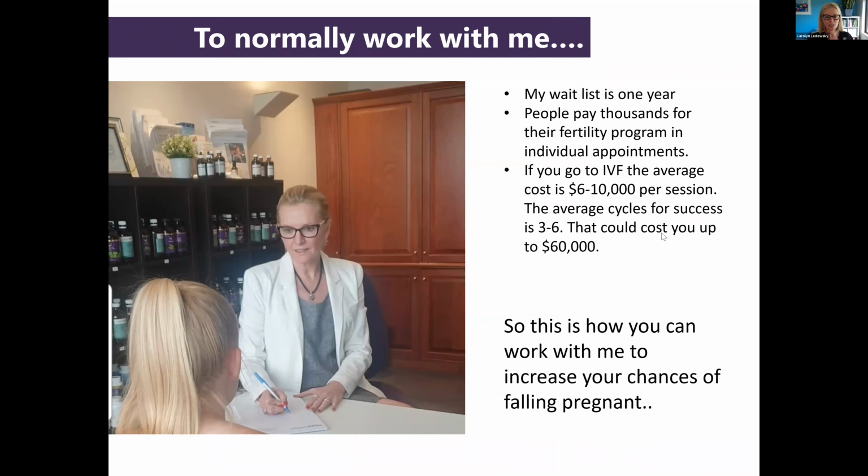So even if you think IVF is the way to go, do all this before IVF, chances are it's successful the first time. And that's what we need to do, is minimize the amount of times that people are trying to fall pregnant. Because I find this really crazy.